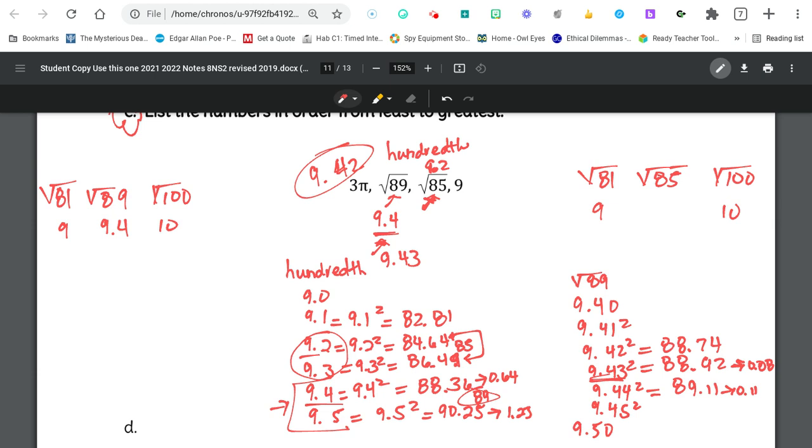Yep, definitely. So now I should be able to order these. 9 is smaller than anything, so the number 9 is first, least to greatest.